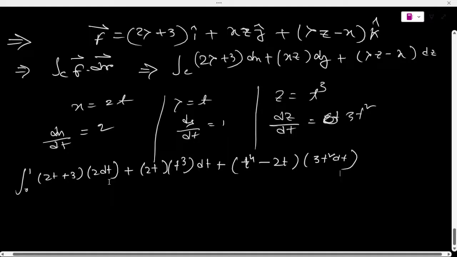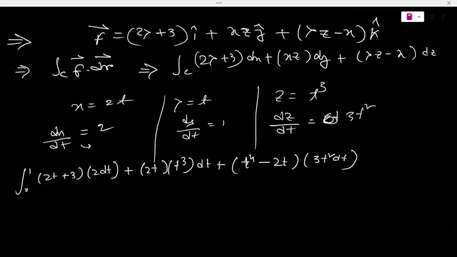The del x value is equal to 2 dt, simple. So I'm writing that x value here. And del y will be t dt. So dt right here, you can see it clearly.